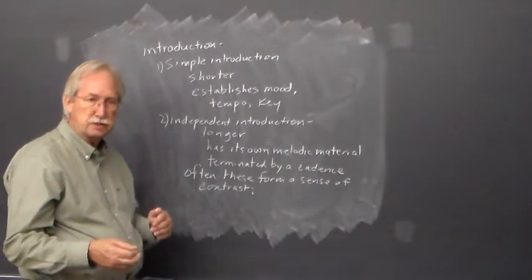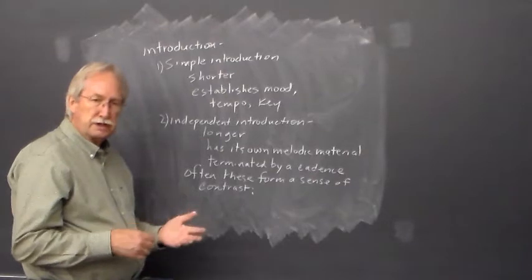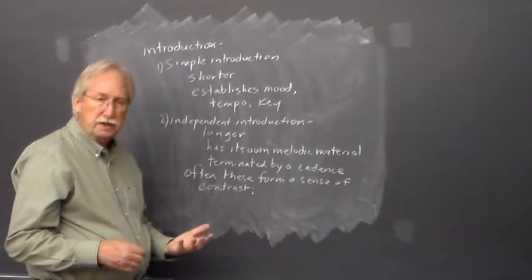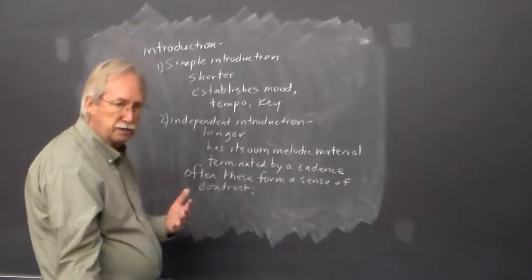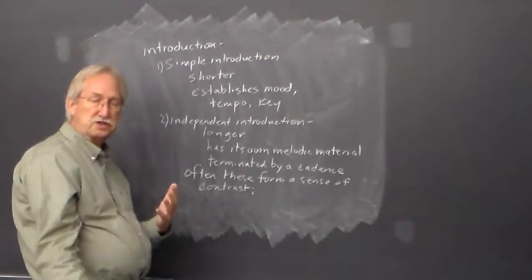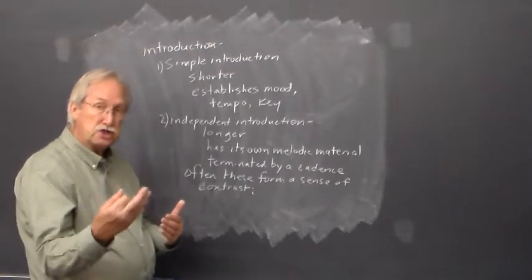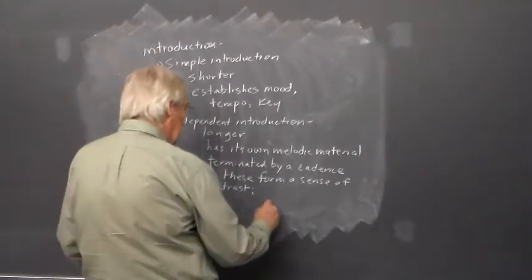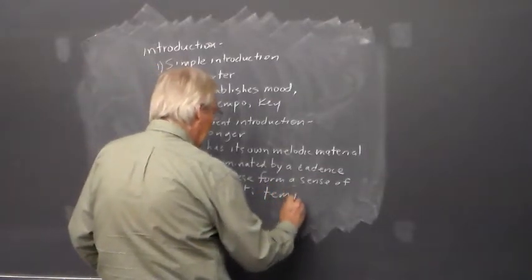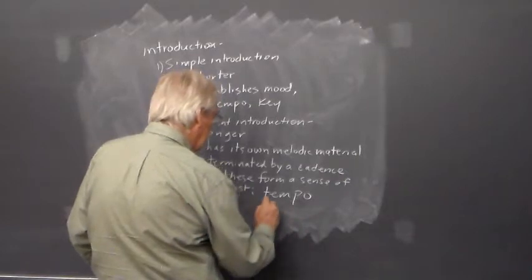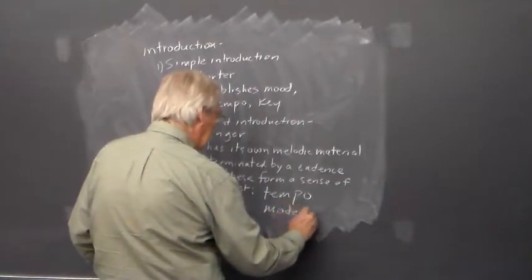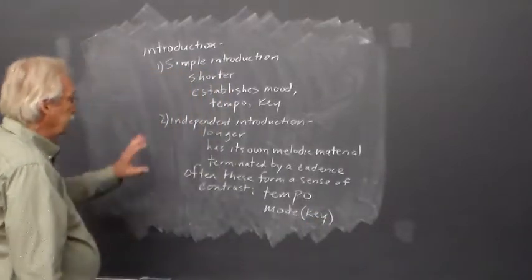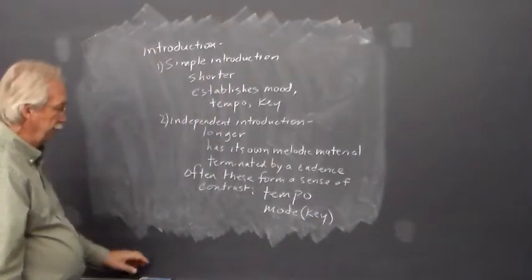In both of those examples, you had independent introductions focusing on D minor, and when the exposition began, the tempo changed to allegro, and at that point it changed to D major. So you have that contrast of tempo and mode. We'll use those two terms to describe introductions.